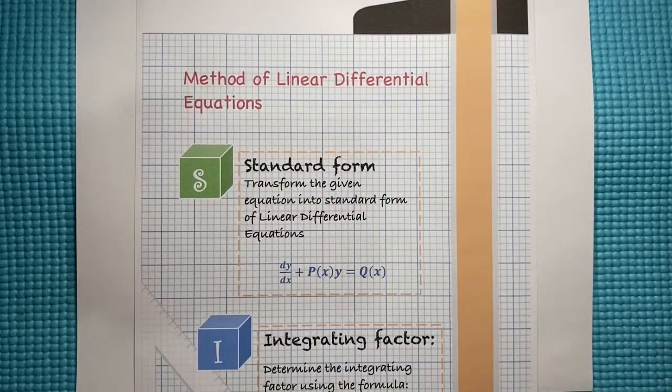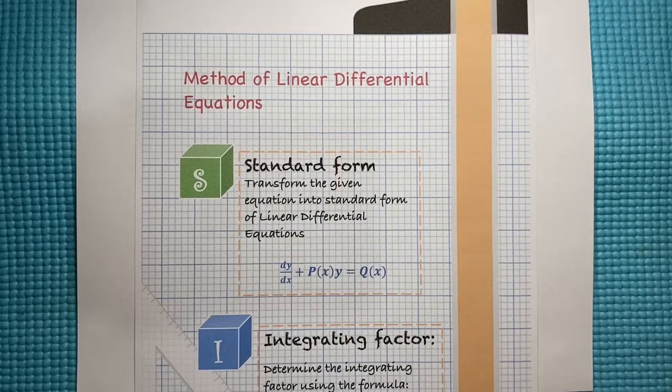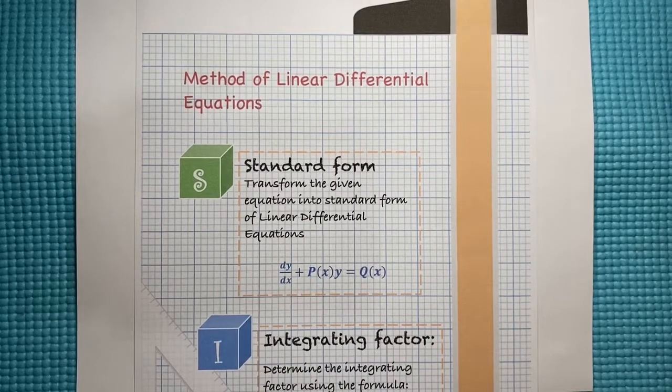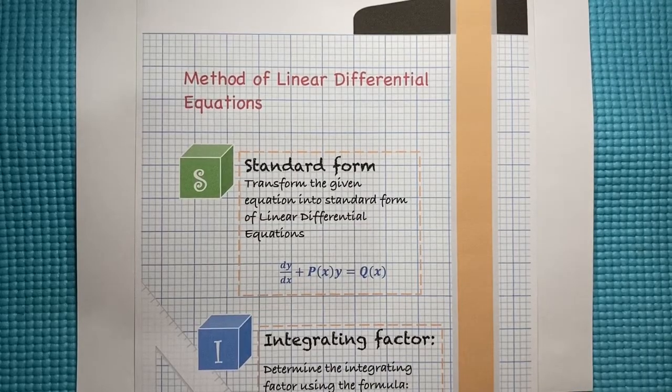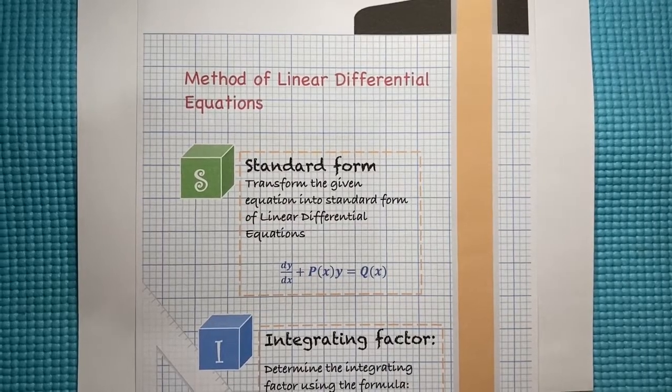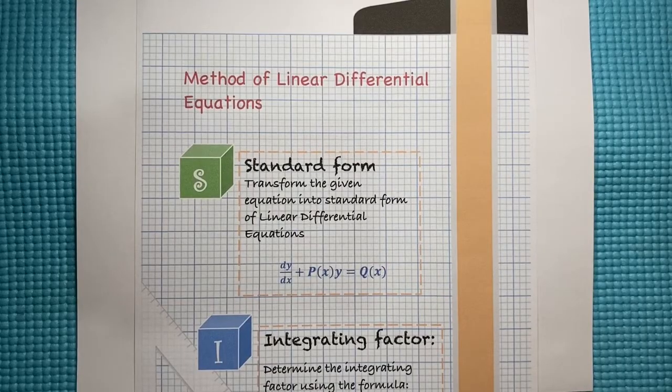So let's have the different steps on what to do whenever we are able to classify that a given differential equation is a linear equation. The first one: we have to make sure that the differential equation is in the standard form.